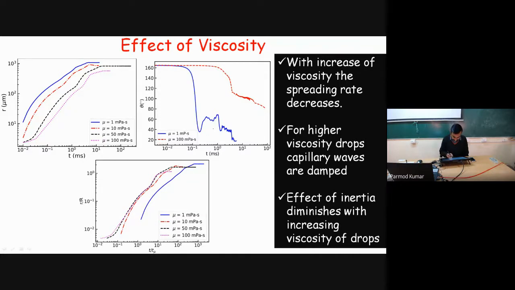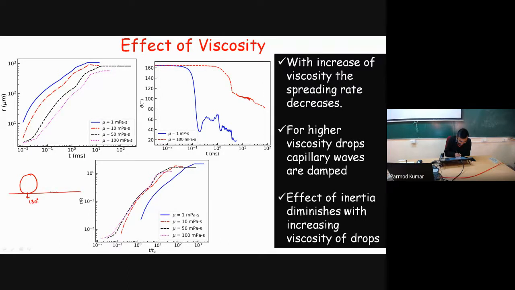So you can see that for highly viscous drops, the instantaneous contact angle moves very gradually, whereas for low viscosity drops, we have significant oscillations in the instantaneous value of the contact angle. So what is the instantaneous contact angle? Basically, initially when the drop is spreading, its contact angle is close to 180 degrees.